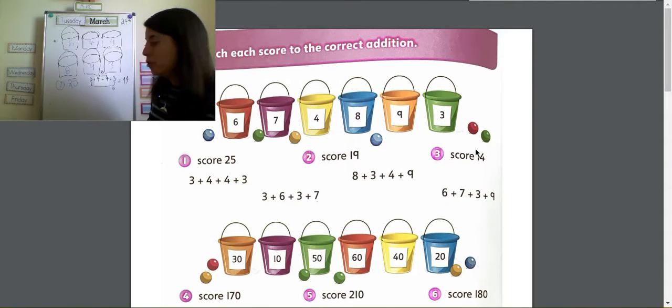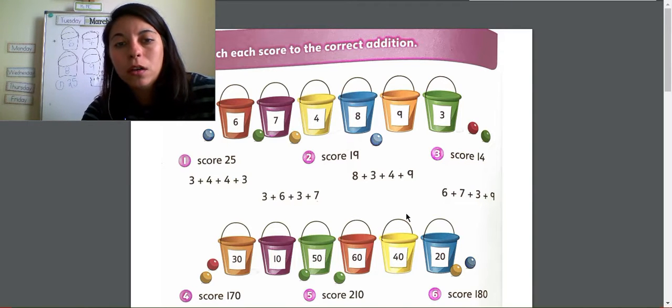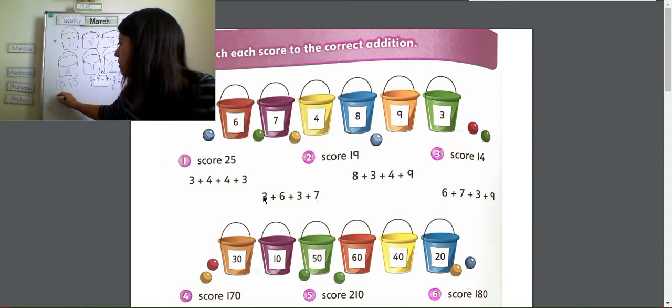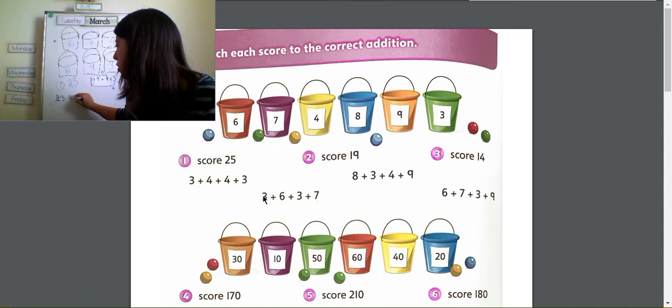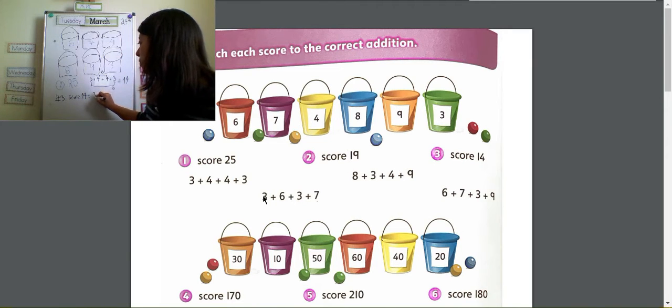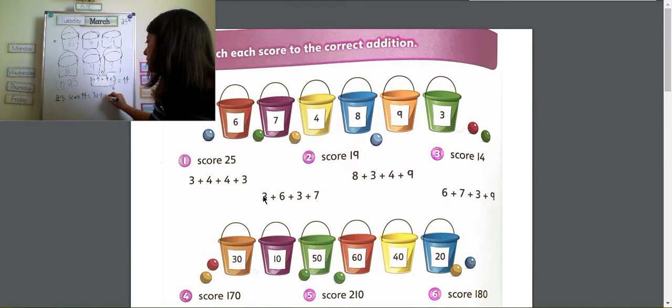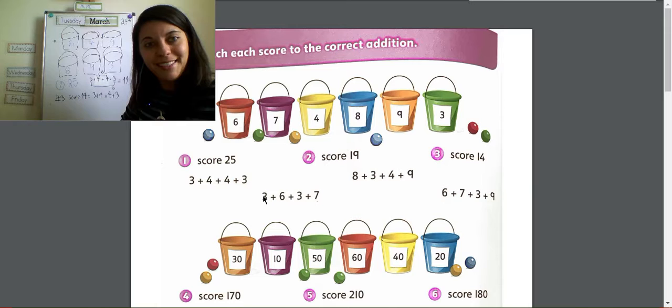So of all the answers that you have right here, there's only one answer that can match this addition. The one number 3, where it says score 14, is equal to 3 plus 4 plus 4 plus 3. Do you see? Yay.